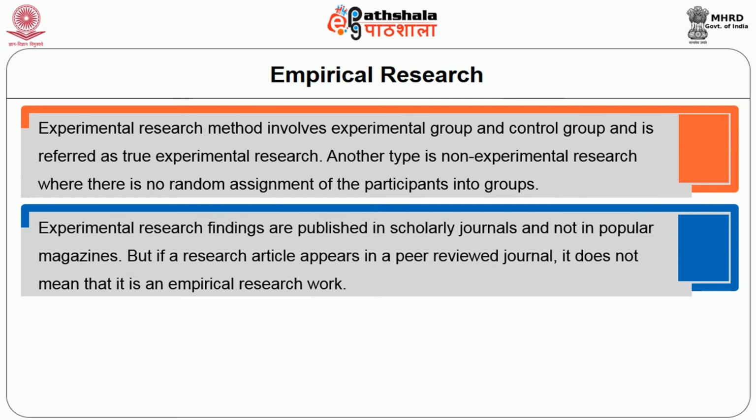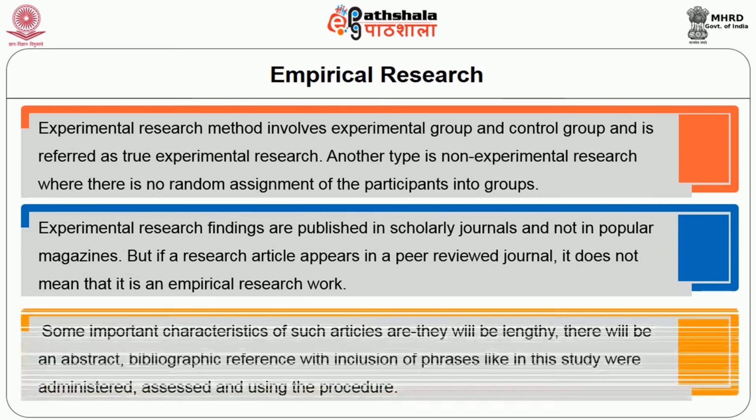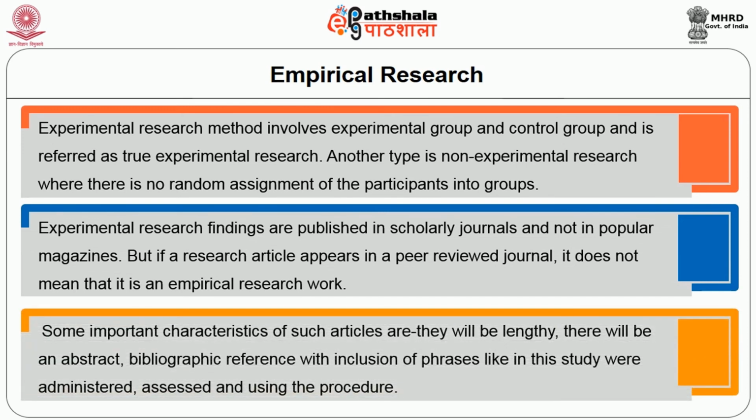But if a research article appears in a peer-reviewed journal, it does not mean that it is an empirical research work. Some important characteristics of such articles are: they will be lengthy, there will be an abstract, bibliographic reference with inclusion of phrases like "in this study," "were administered," "assessed," and using the results.